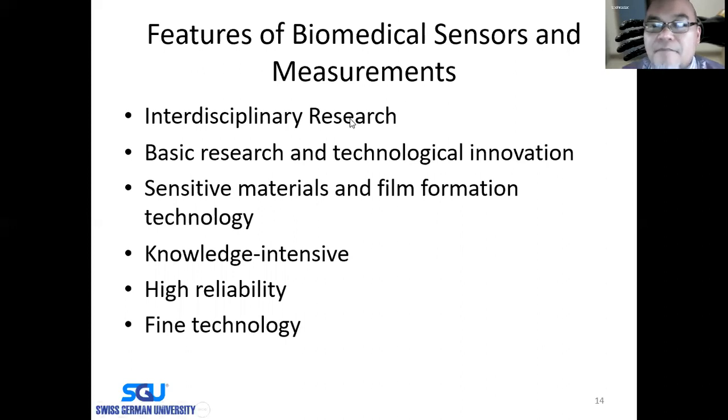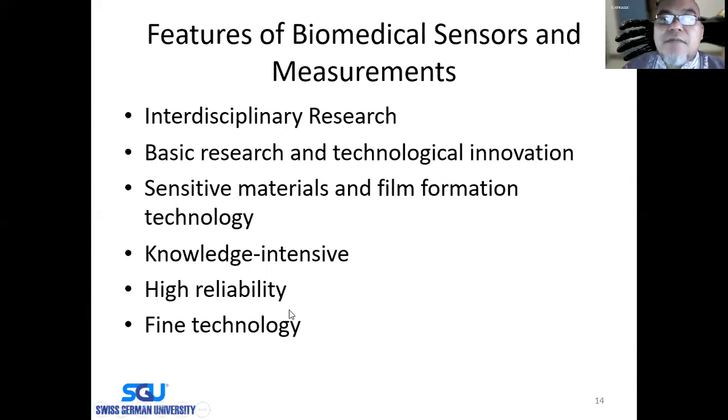Film formation here means that the material is coated as a thin film, as a thin layer of material above a certain substrate. So it is not in bulk form anymore. Why film formation? Because then the sensitivity can be increased, plus the size can be miniaturized.